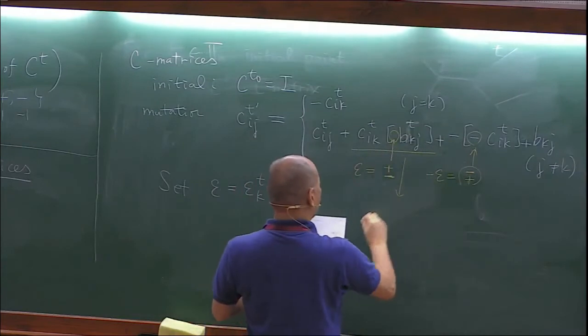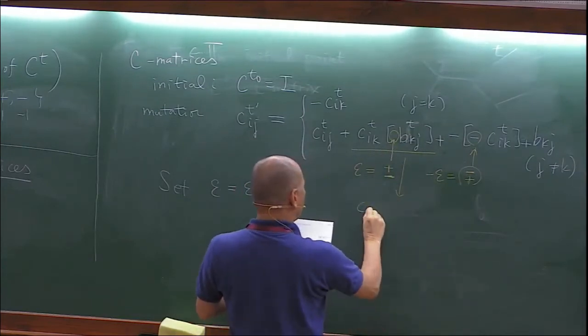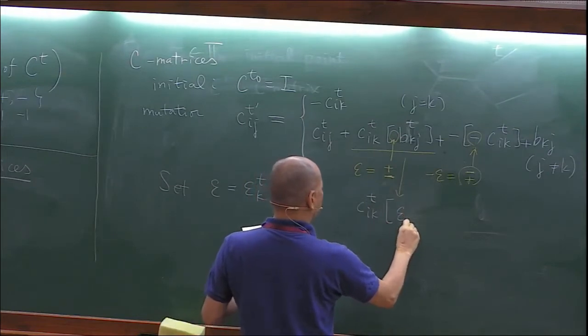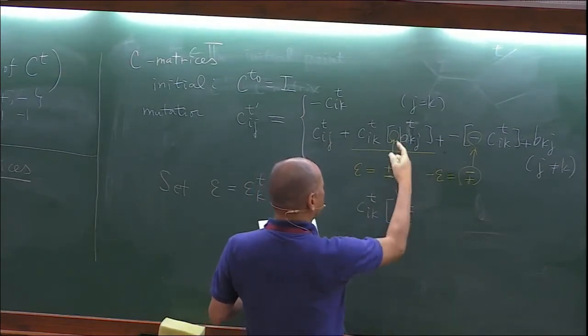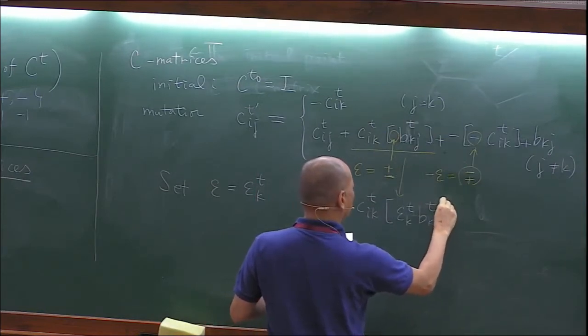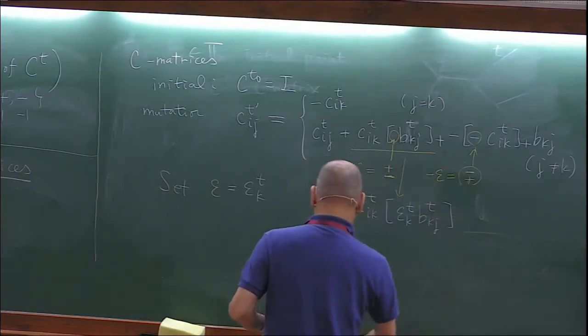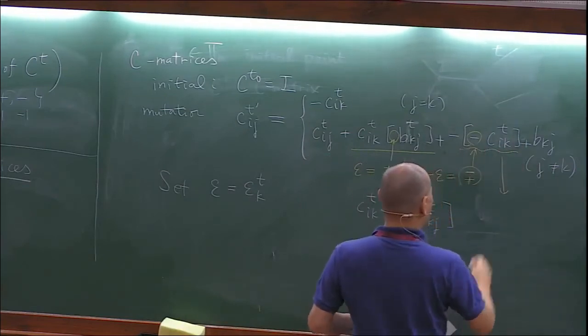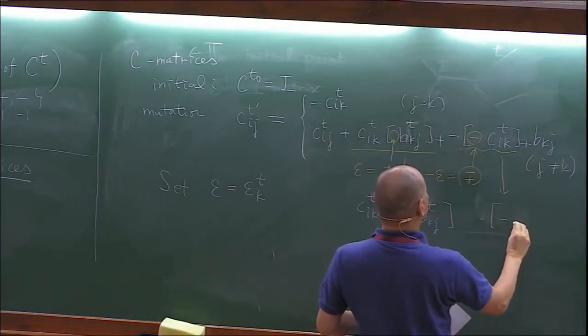So this one goes to c_ik plus, and because I insert this, we have this one. On the other hand, this part, especially this part, becomes minus.